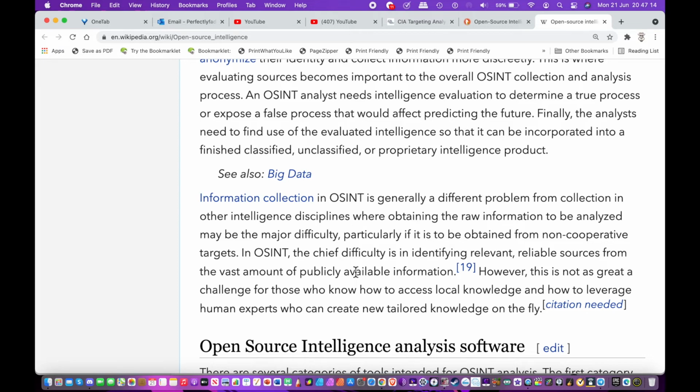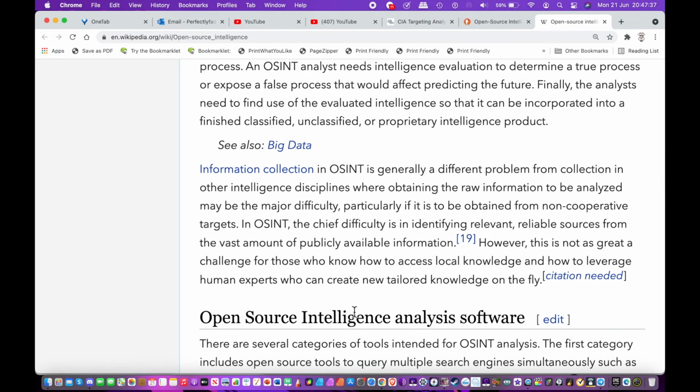In OSINT, the chief difficulty is identifying relevant, reliable sources from the vast amount of publicly available information. However, this is not as great a challenge for those who know how to access local knowledge and how to leverage human experts who can create new tailored knowledge on the fly.